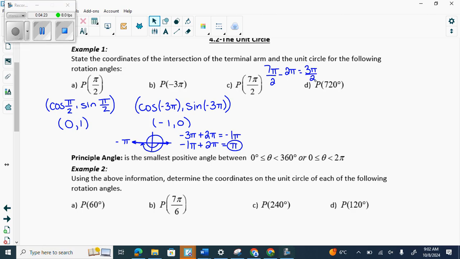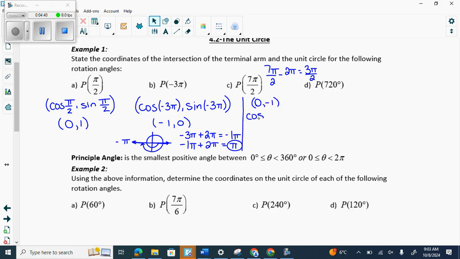And 3 pi over 2 is on our unit circle, correct? It's 270. So at 270, what's my coordinate? 0, negative 1. Now, do I just send it or do I check it?